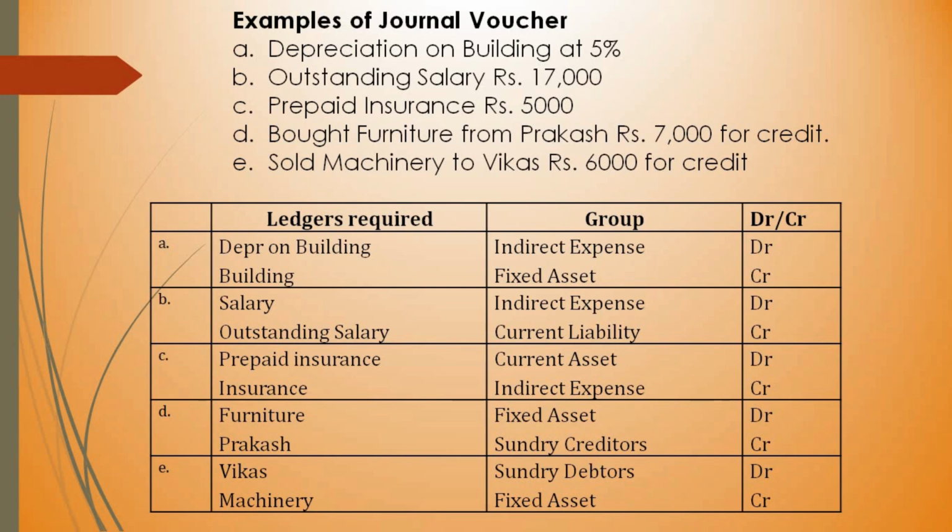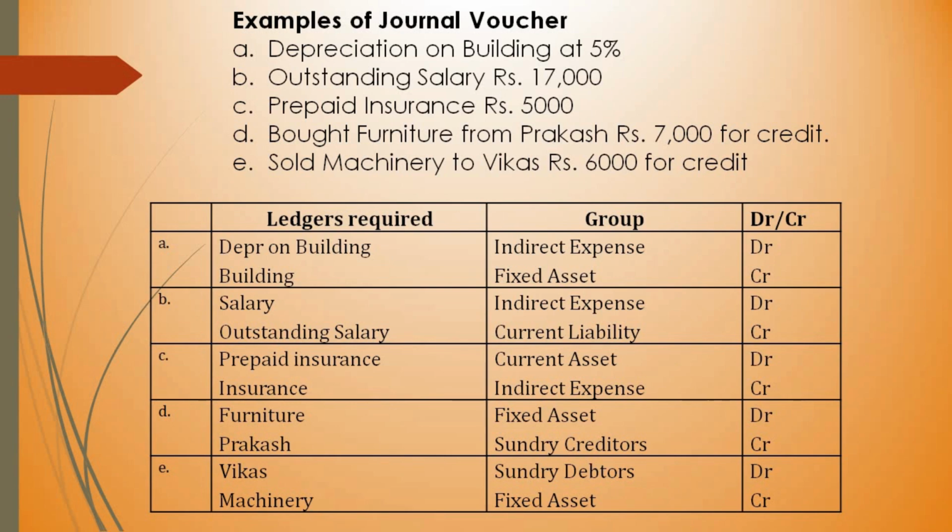Next one, prepaid insurance rupees 5,000. One is prepaid insurance, the other one is insurance. Prepaid insurance is an asset and insurance is an expense. Expense is a nominal account, on the debit side, and asset is a real account.